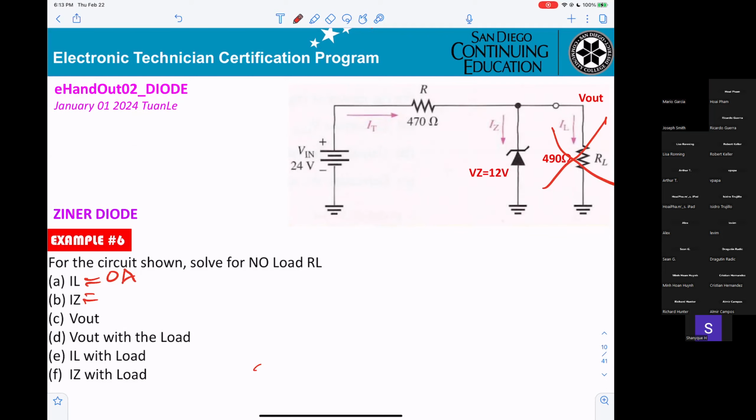Next, what is the current IZ? Okay, so IZ, wouldn't that be the voltage 24 volts minus the VZ voltage, minus the 12, over the resistor?